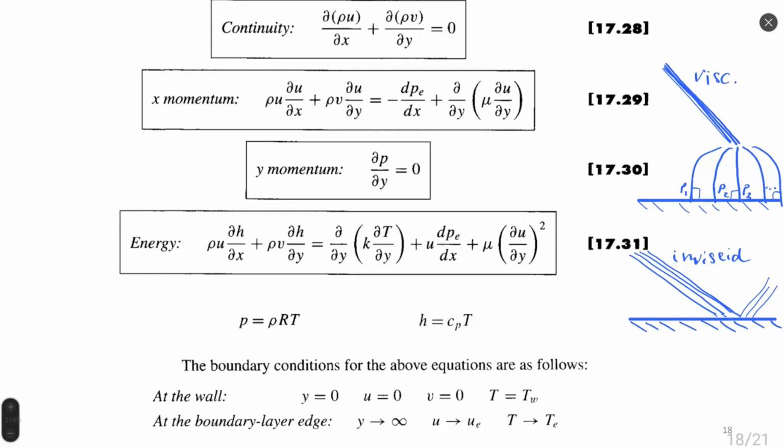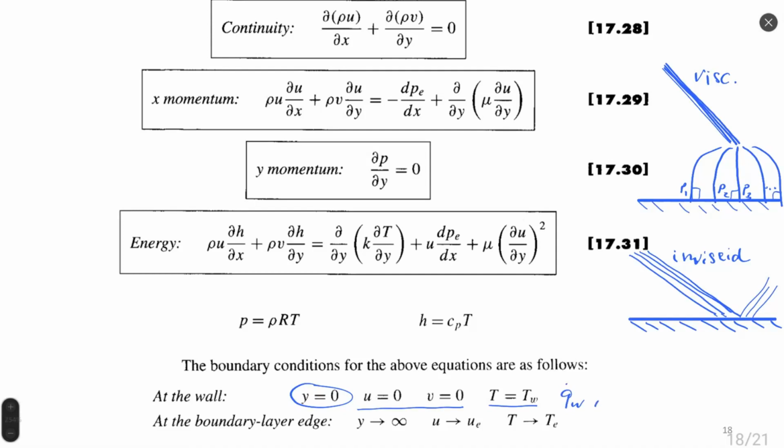On the wall, we have zero components of velocity, the u and v components of velocity are zero on the wall, y equal to 0. And there is a boundary condition related to temperature. As we saw in our previous lecture, it can be constant wall temperature, it could be zero temperature gradient, or it could be known heat flux on the wall.